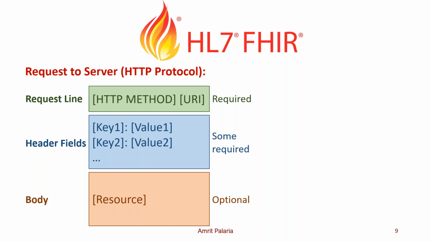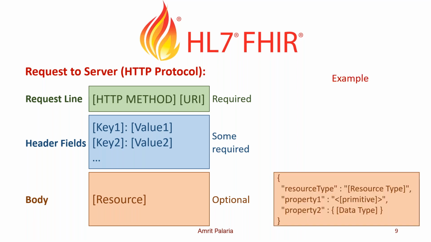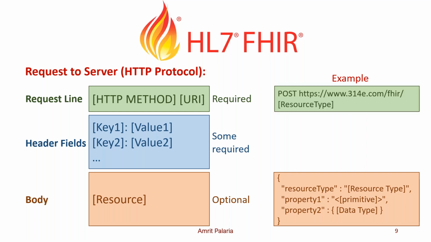So let's look at an example of a request. Let's say I have this resource that I want to create on my server. I know what I want, and I want to post this to my server, or create it on my server. So my resource goes in the body, and my request line is a post method.